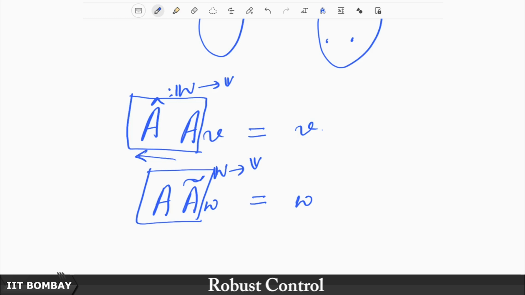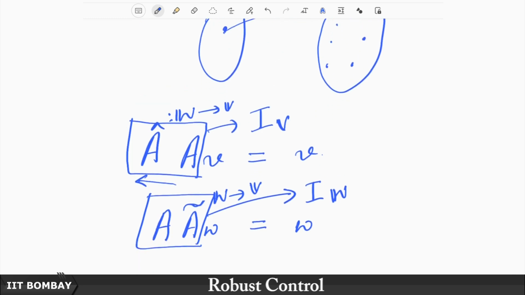So first you hit it with A, go from a point in vector space V to a point in vector space W, and then you hit it with A hat and go back to that same point in V. This is the equivalent of an identity map on the vector space V. In the second case, you take an element in W, hit it with A tilde, which takes it to an element in V, and then hit it with our known linear map A, which takes me back to W. So this is the identity mapping on the vector space W, a very important notion here.